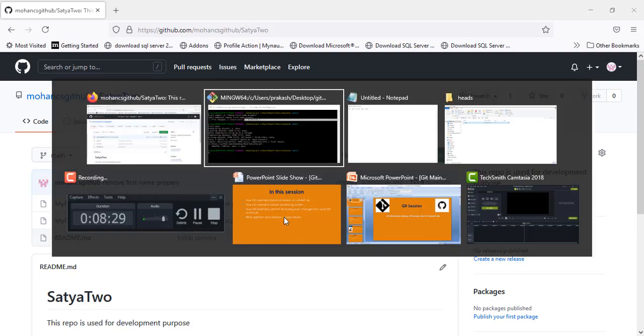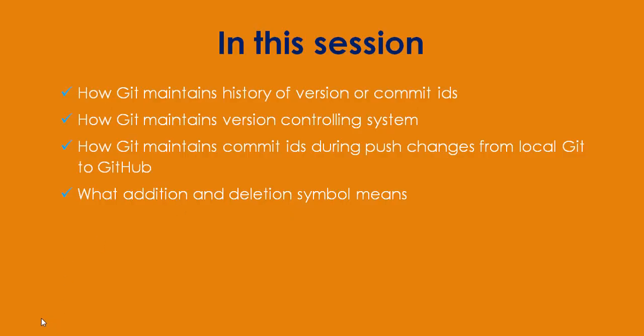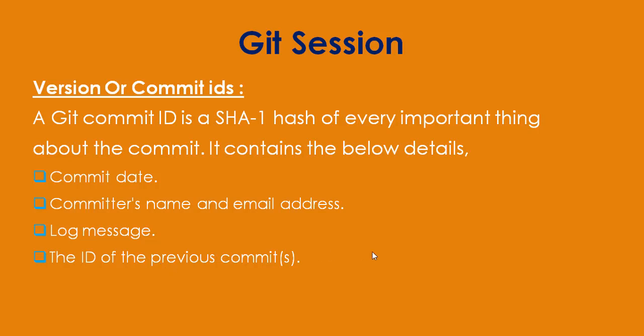So let's go to my slide here and check what a version or commit ID is in Git. A Git commit ID is a SHA-1 hash of every important thing about the commit. It contains the following details: commit date, committer's name, log message, and the ID of previous commits.